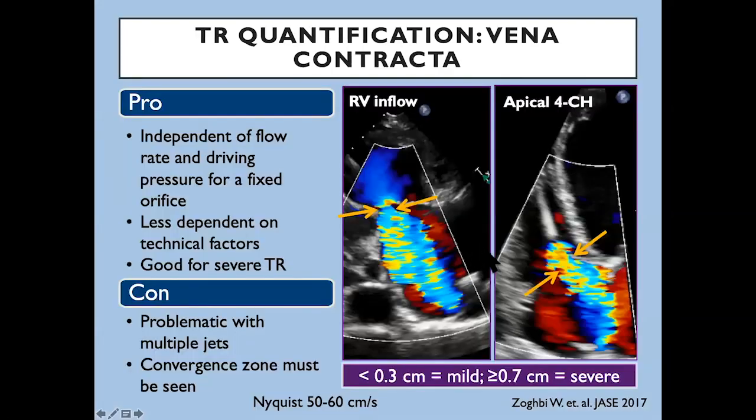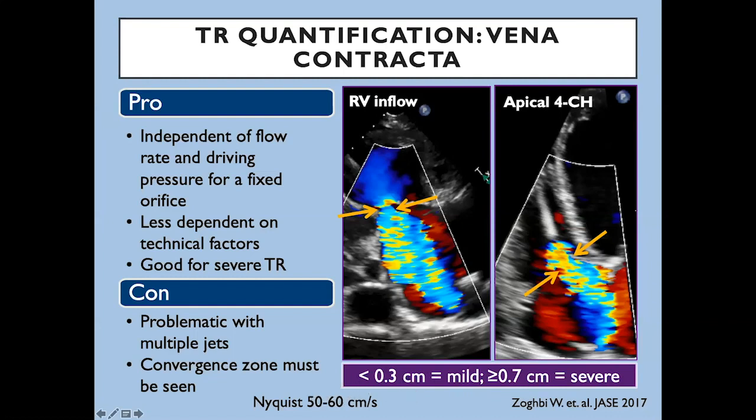Another method for tricuspid regurgitation quantitation, and it's used often, is called the vena contracta method. When acquired from the apical four-chamber view and the RV inflow parasternal view, a tricuspid regurgitation vena contracta width of more than 0.7 centimeters is considered severe, and less than 0.3 centimeters is considered mild.